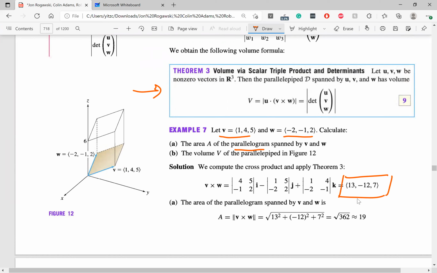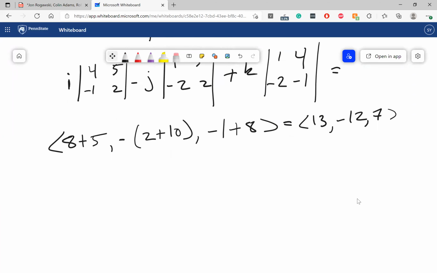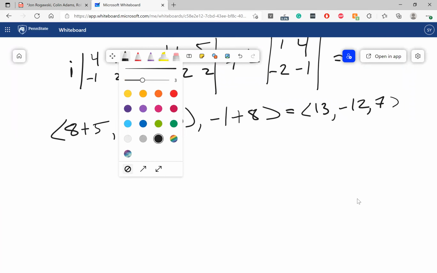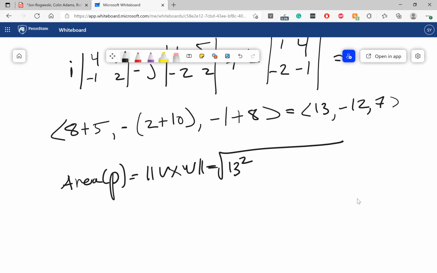Okay, so once we get our cross product, in order to find the area of the parallelogram, we know the area of the parallelogram is the magnitude of V cross W, which is the square root of 13 squared plus 12 squared plus 7 squared.